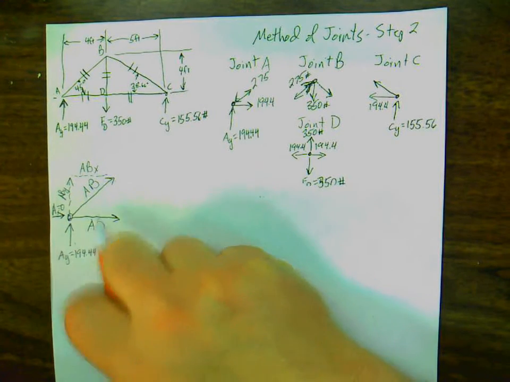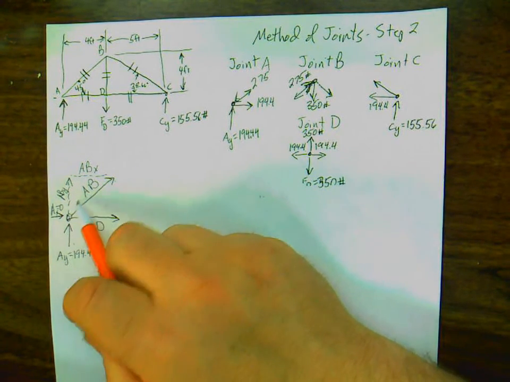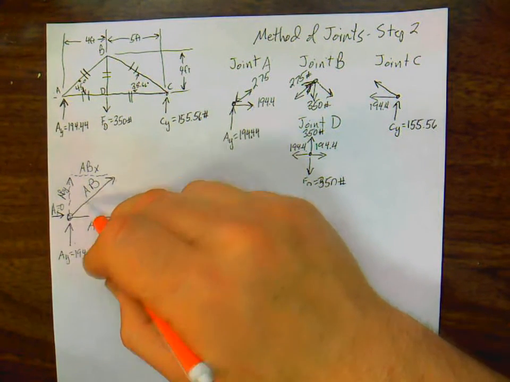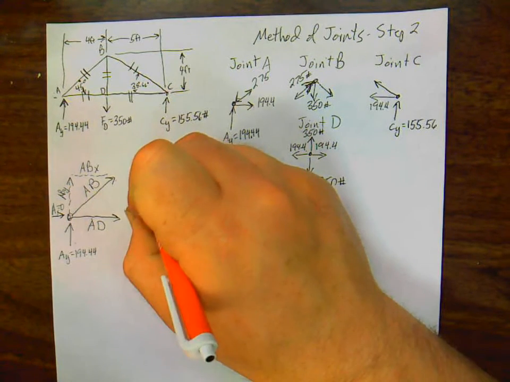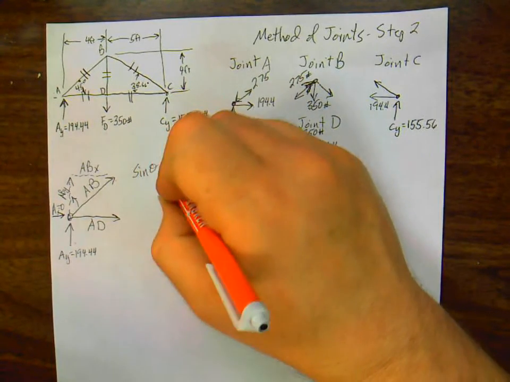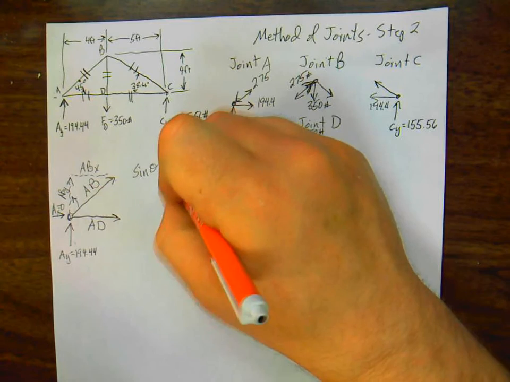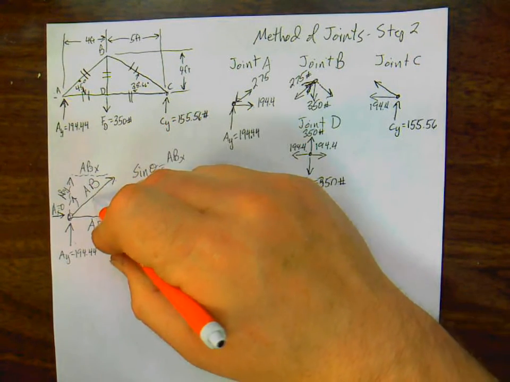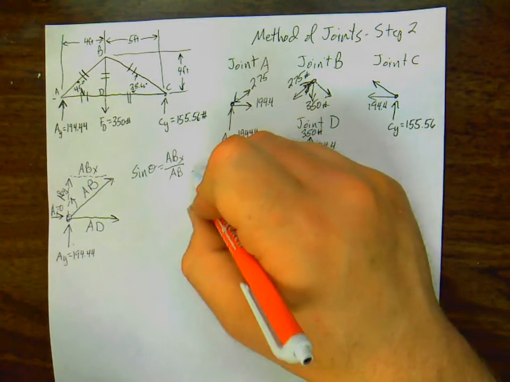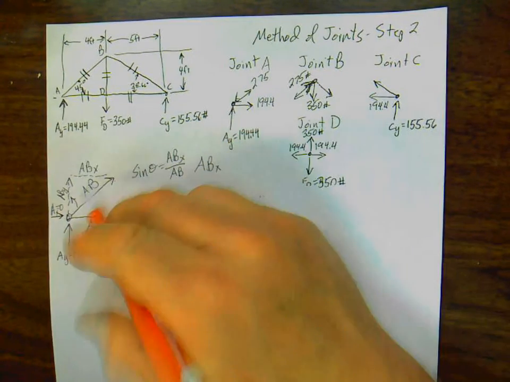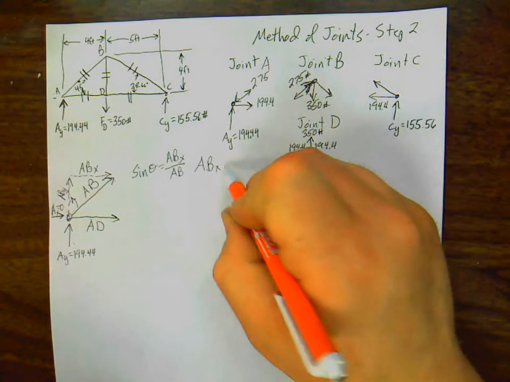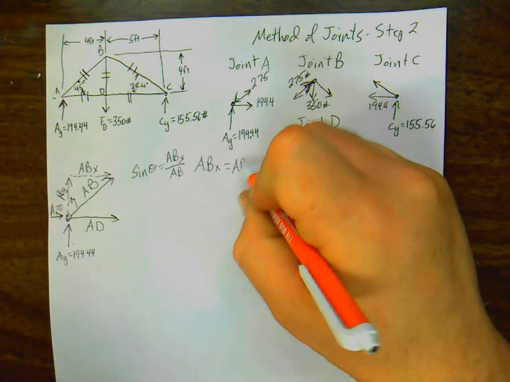Now, as you recall, we're going to need to replace these with some form of AB. So sine of theta here is the opposite, ABX, over the hypotenuse AB, which means ABX, this magnitude here, is going to be AB sine of theta, whatever theta is.